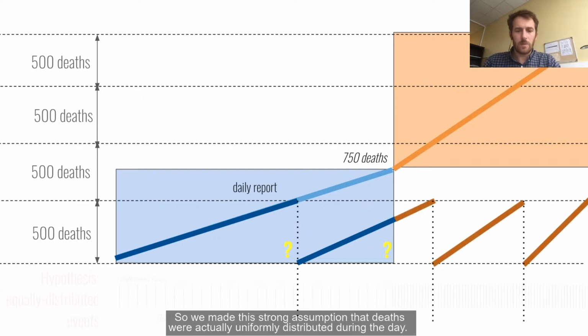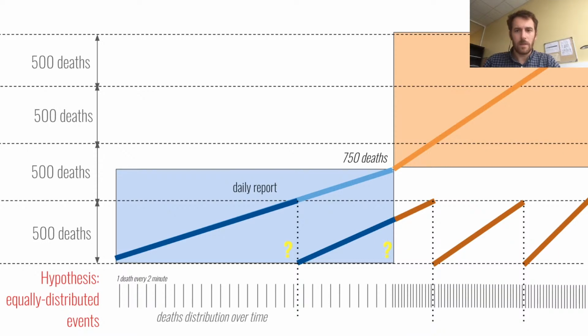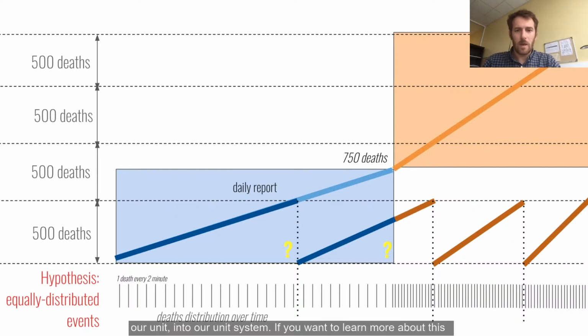So we made this strong assumption that deaths were actually uniformly distributed during the day, which is actually not true, but that helped us to divide a single day that had more than our unit into our unit system.